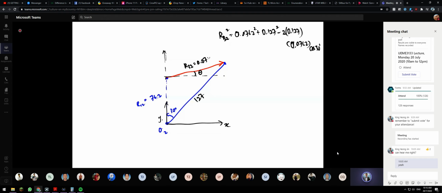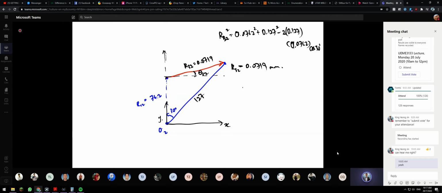Right? So that's why this one R32, after you square root the value, you get 0.0719. So there is the length of this. Then you also have to find this angle. Okay? Find the theta, maybe I say theta 32.